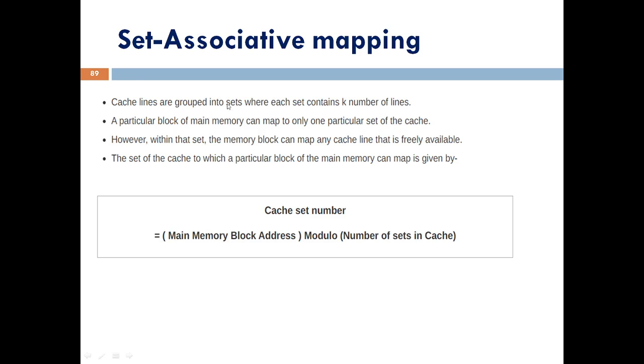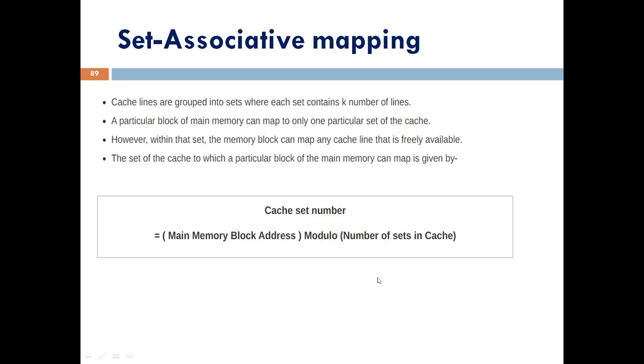Cache lines are grouped into sets where each set contains k number of lines. A particular block of main memory can map to only one particular set of the cache. However, within that set, the memory block can map to any cache line that is freely available. The set of the cache to which a particular block of the main memory can map is given by cache set number equals main memory block number modulo number of sets in the cache.